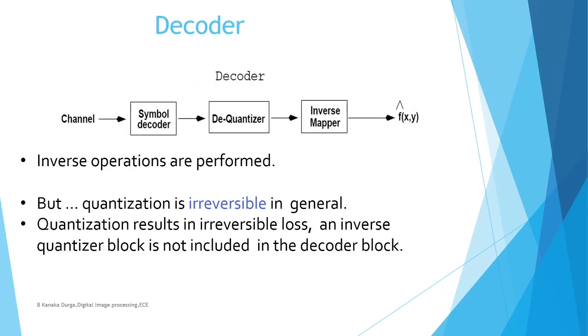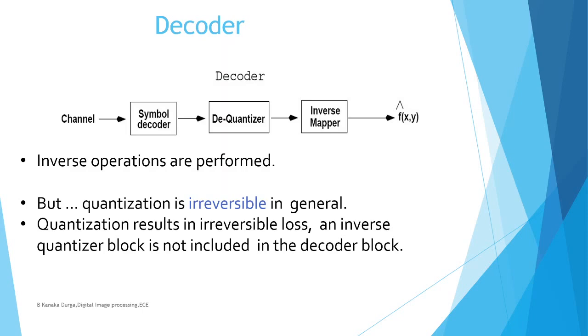In the decoder, the channel decoder is exactly the reverse of whatever has been done by the encoding section. The reverse process of encoding is called the decoding section. In this we have the symbol decoder, dequantizer and inverse mapper. When we get the data from the channel, it has to be passed to the symbol decoder.